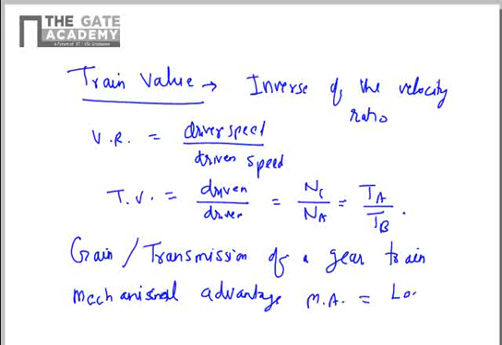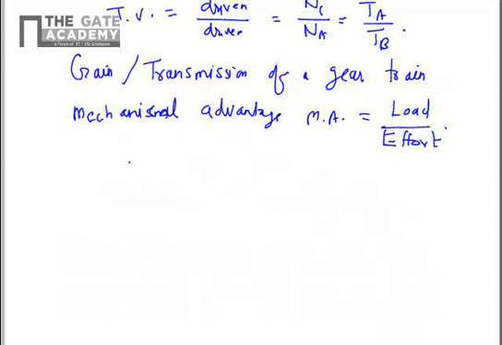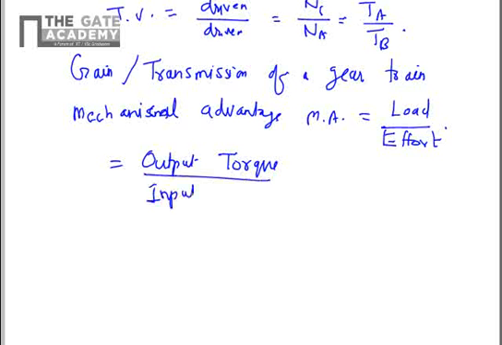It is given as a ratio of load to effort. For per unit effort we are spending, how much load are we able to bear. That means the output force, or output torque in the case of a gear, divided by input torque or input force. Let's say tau is the term used for torque. So the output torque is on the gear C, so tau C by tau A.